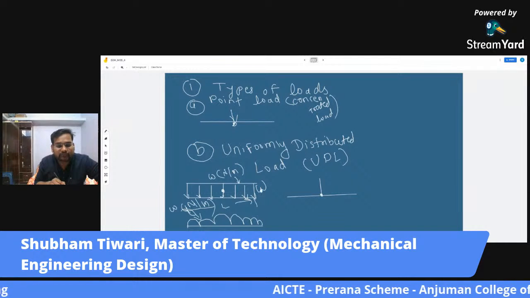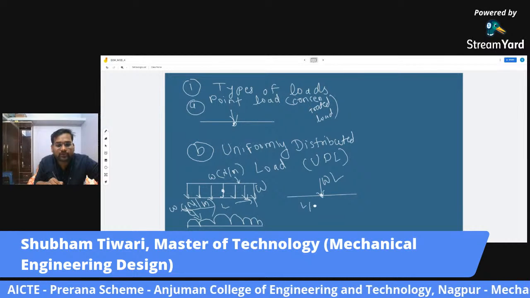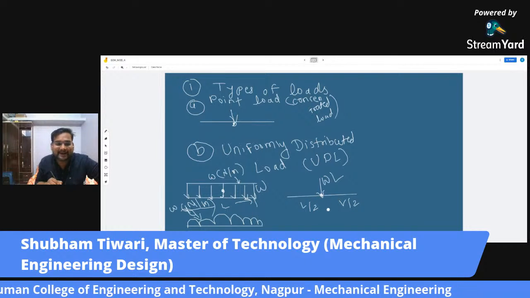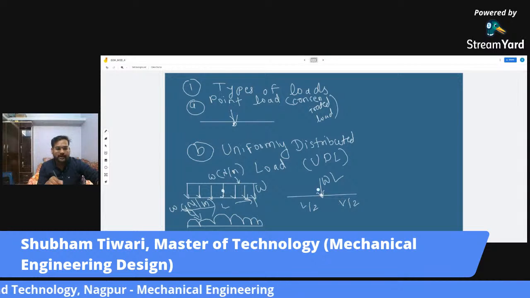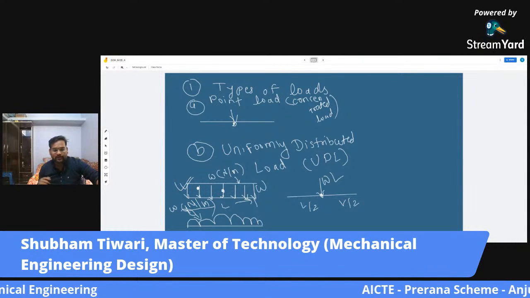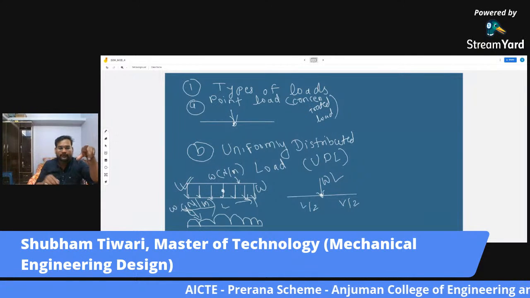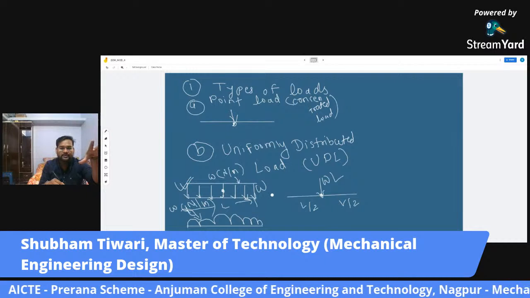The area of this diagram is W into L. Now half of the beam is here and half of the beam is here, because the load is acting exactly at the center of this beam. So that's why I told you that this way of representing is very much important for us, because we can find area on it. So that is why it is important.